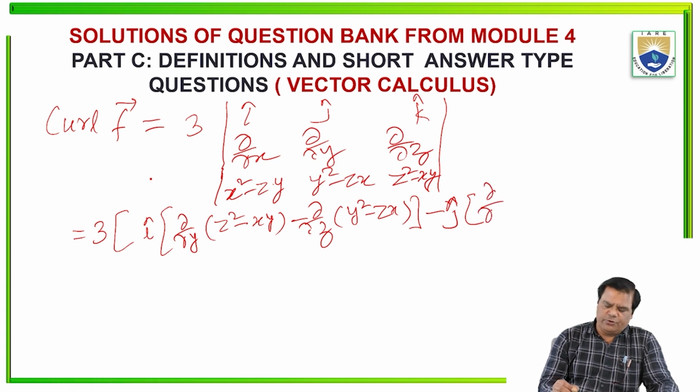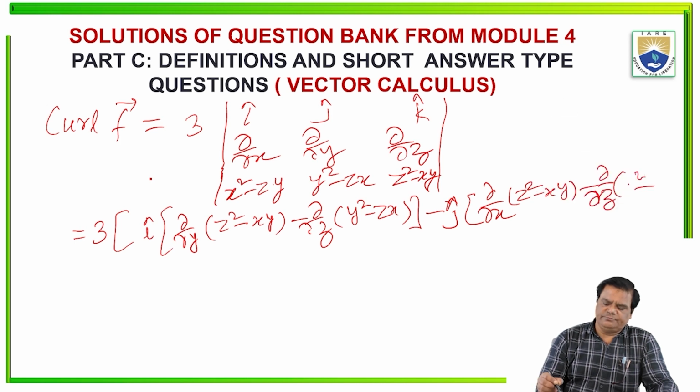So dou over dou x of z square minus xy, minus dou over dou z of x square minus zy.